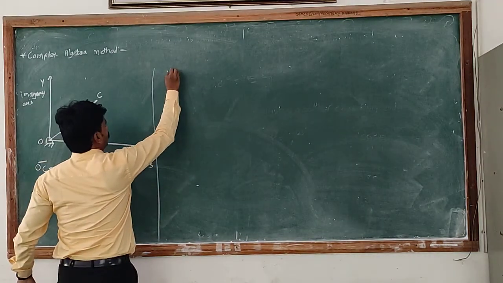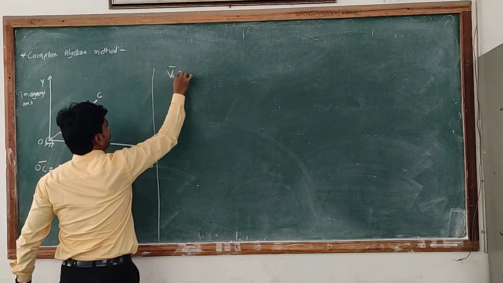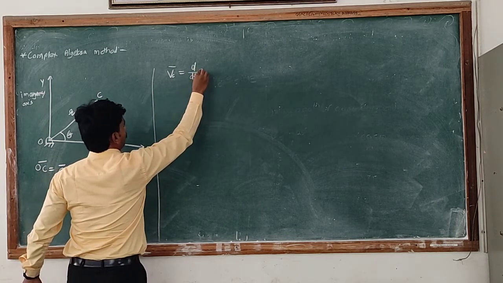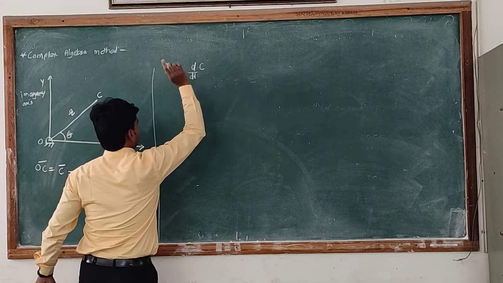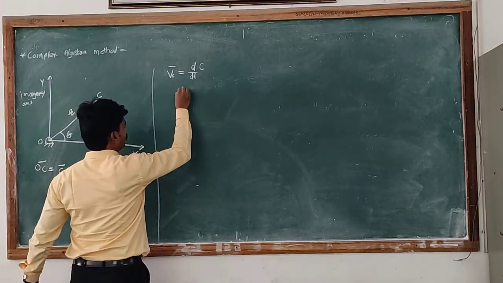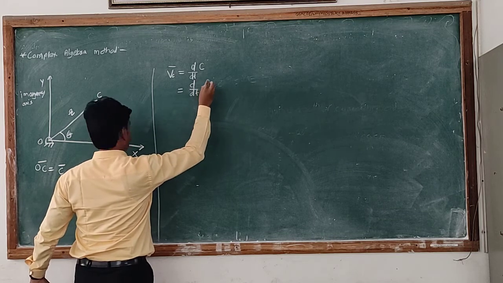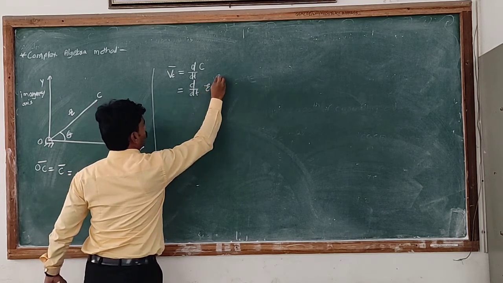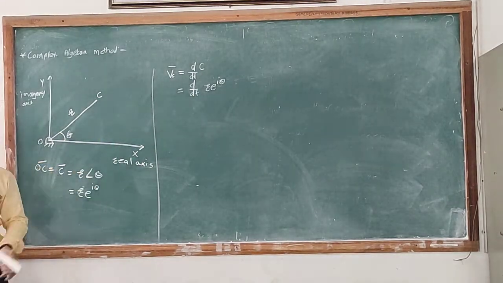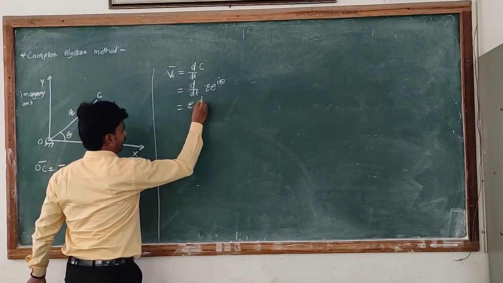Therefore, the velocity of this link, VC bar, is equal to d by dt of C, and here C is equal to d by dt of R into e raised to I theta. We have to take the derivative of this term. Here R is constant, so we take it out of the derivative.